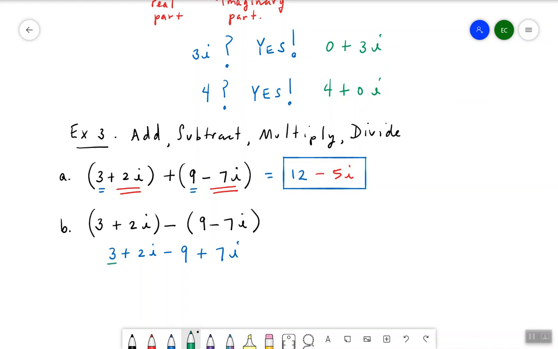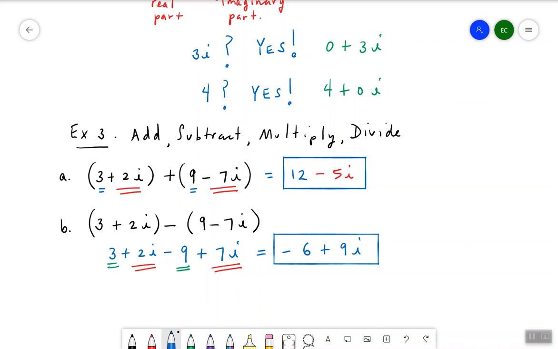And then of course combine like terms. 3 minus 9 is negative 6, and plus 2i plus 7i is plus 9i. So negative 6 plus 9i.